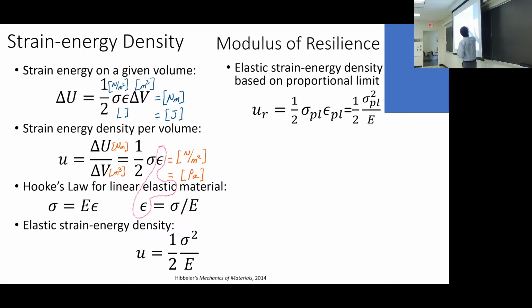But this elastic strain energy density is based on the area under this portion of the stress strain curve. This is before it goes plastic. If I come up to this point, I just go back down to where it started. I should have been clear about that; maybe I wasn't super clear about that.